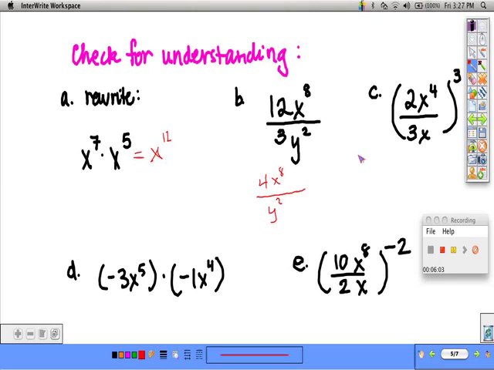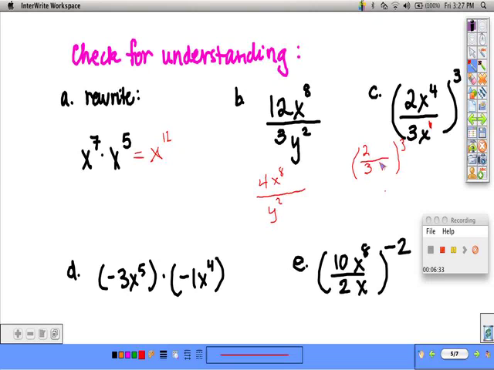For C, I'm going to start inside of the parentheses and deal with cubing everything last. 2 over 3 does not reduce. And then here we have x's on the top and x's on the bottom, and it might be helpful to remember that x is really x to the first. So my question is, where are there more x's? On the top.